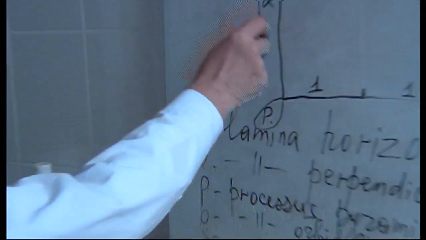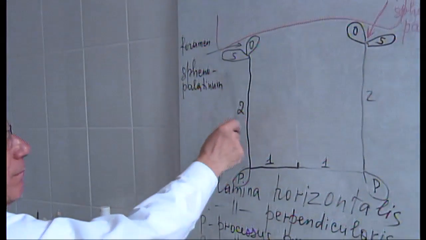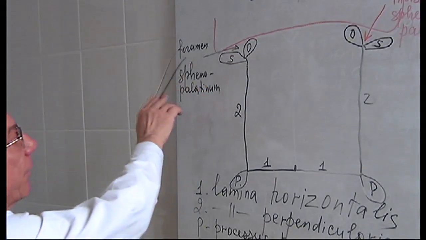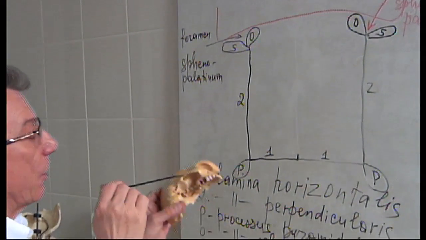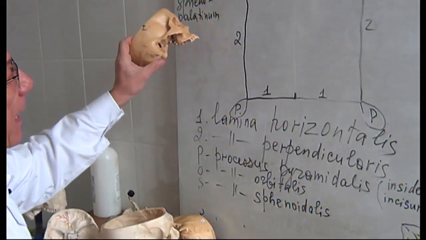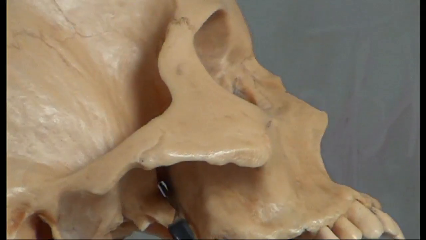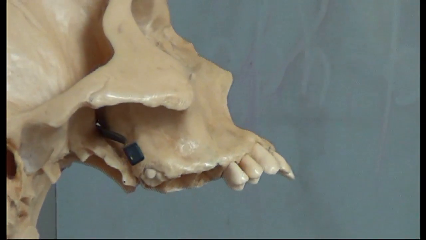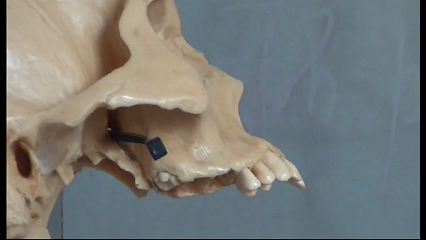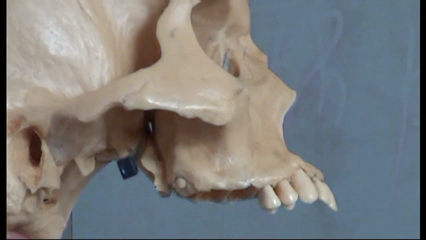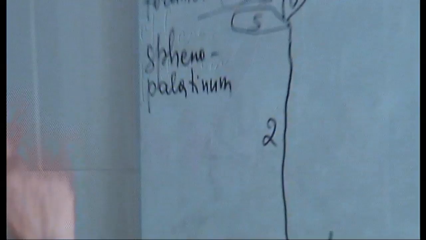So the principle of finding these processes is, first of all, to find foramen sphenopalatinum. It's easy. And after this, to find the structure before, that means anteriorly of this foramen, and after, it means posteriorly of this foramen. They will be processus orbitalis and processus sphenoidalis.